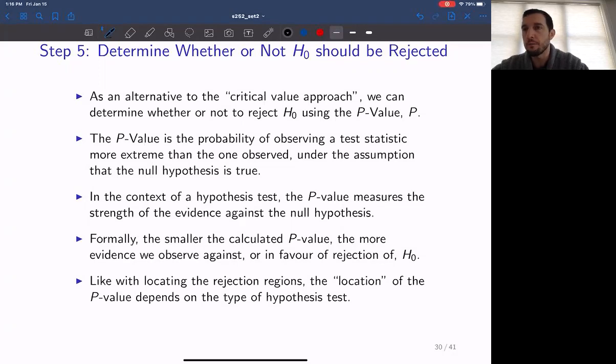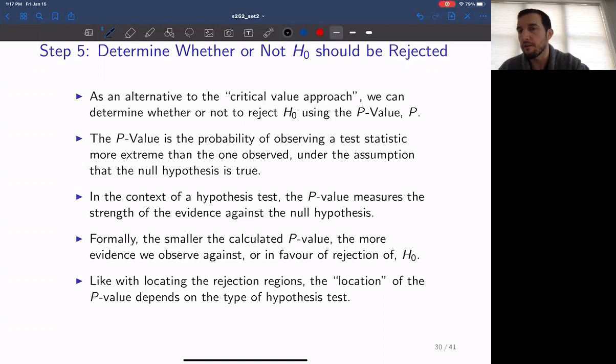Now, if we want to use the p-value for rejection, what we have to determine is how small is small enough for the null hypothesis to be rejected. So for example, you could argue that if the p-value is 20%, that's a fairly small percentage. That's about 1/5 of the time this event is going to occur.